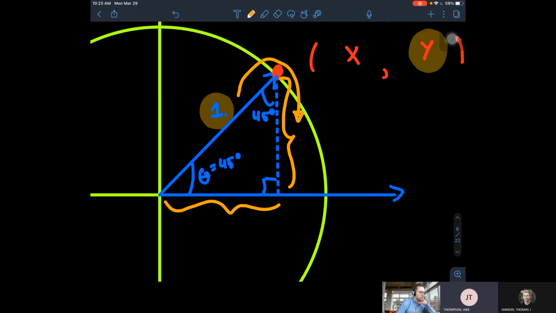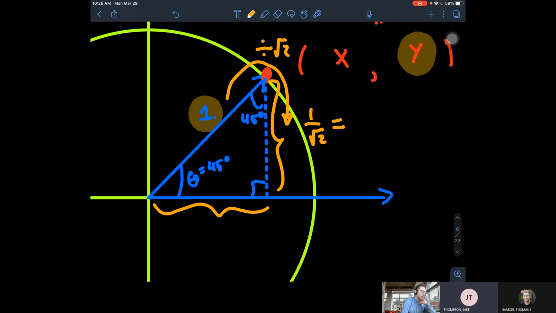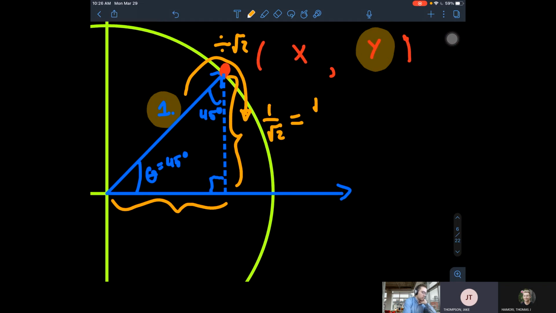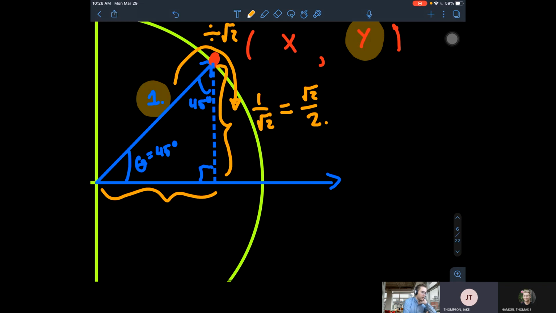For the right side, it's 1, would that be divided by square root of 2? Exactly, we're going to divide by the square root of 2. So this side length should be 1 divided by the square root of 2. How can I rationalize that? Square root of 2 over square root of 2, which then equals square root of 2 over 2. Very good. So this side length going up and down is square root of 2 over 2.